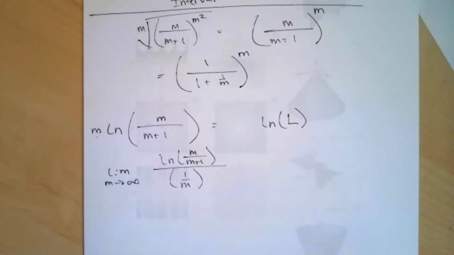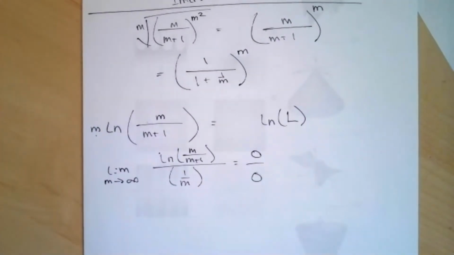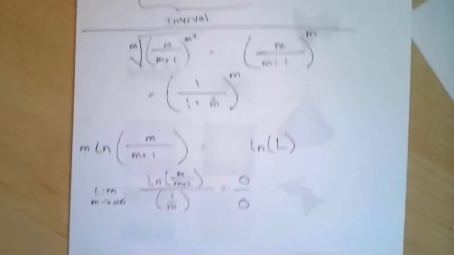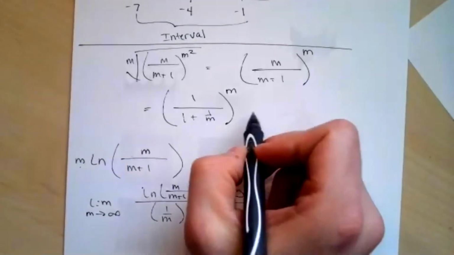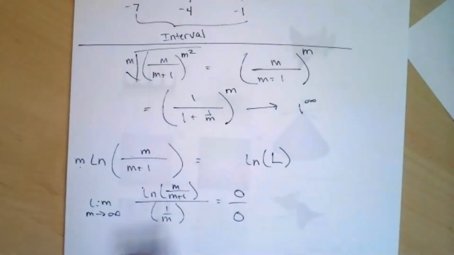Is this what you guys did? In this case, that'll give us a 0 over 0. So now we can do L'Hopital's rule, because the problem when we compute the limit is it's going to go to 1 to the infinity, which is an indeterminate form.